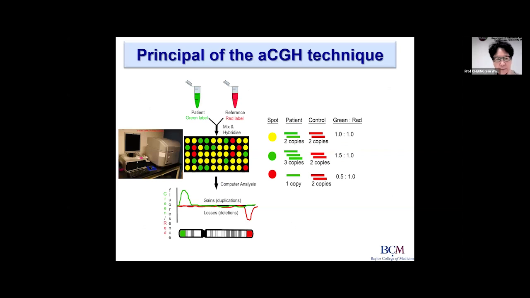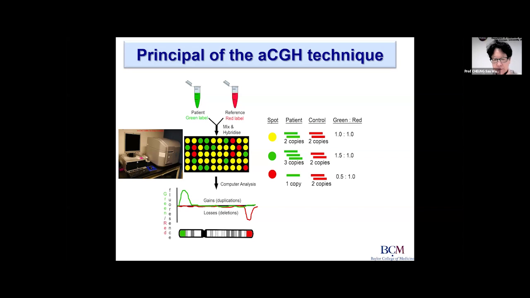In principle, if the patient DNA and reference DNA mixed together show nothing gained and nothing lost, that will be yellow. That means the patient has 2 copies and the control has 2 copies, and the ratio will be 1:1. If the patient DNA is greater than the control DNA, the patient has 3 copies versus 2 copies of the control.